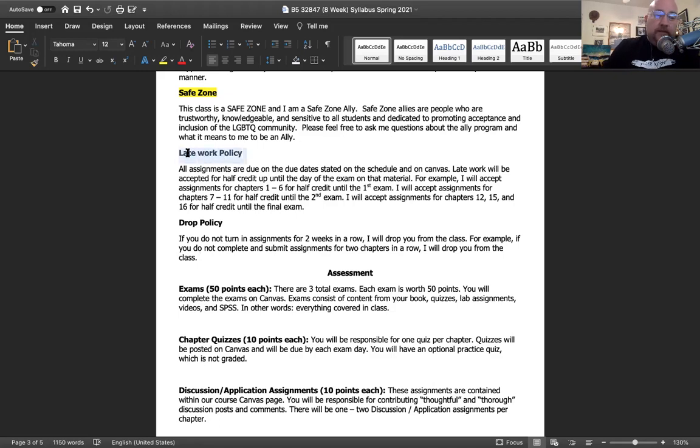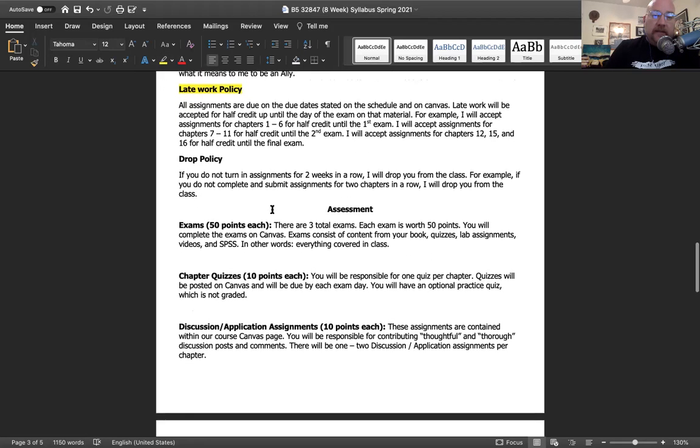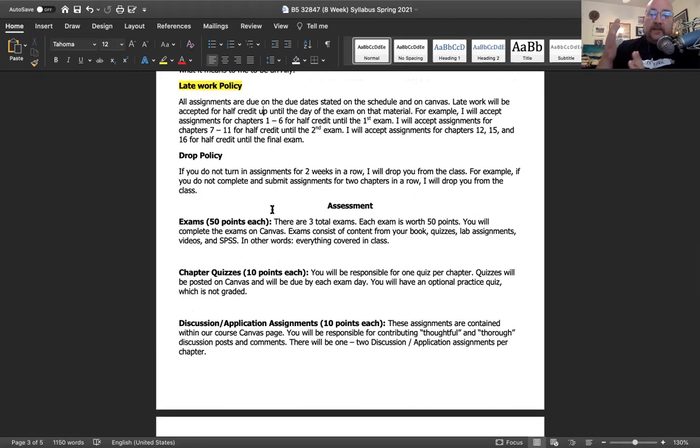Okay, so next thing is late work. So when it comes to my late work policy, well, it doesn't really work in our class to turn in late work. Here's how it goes, right? The way I have the class set up, since it's only 8 weeks, is we're going to cover the first 6 chapters, and everything that is assigned to those first 6 chapters.